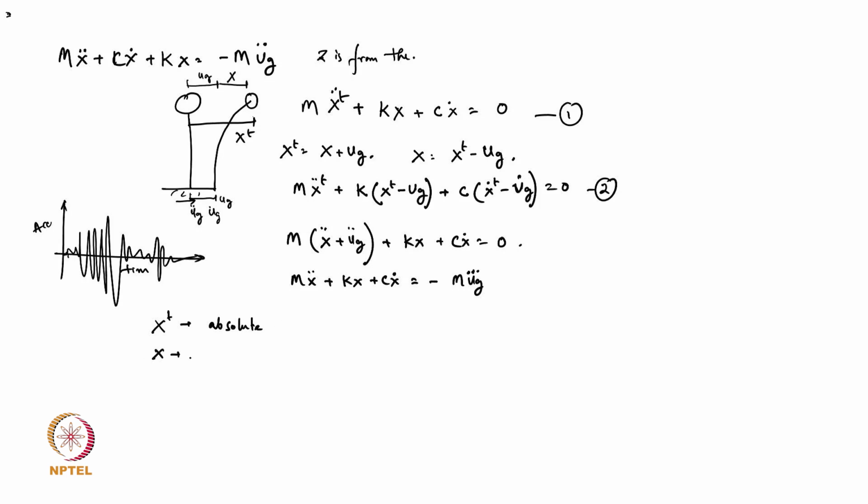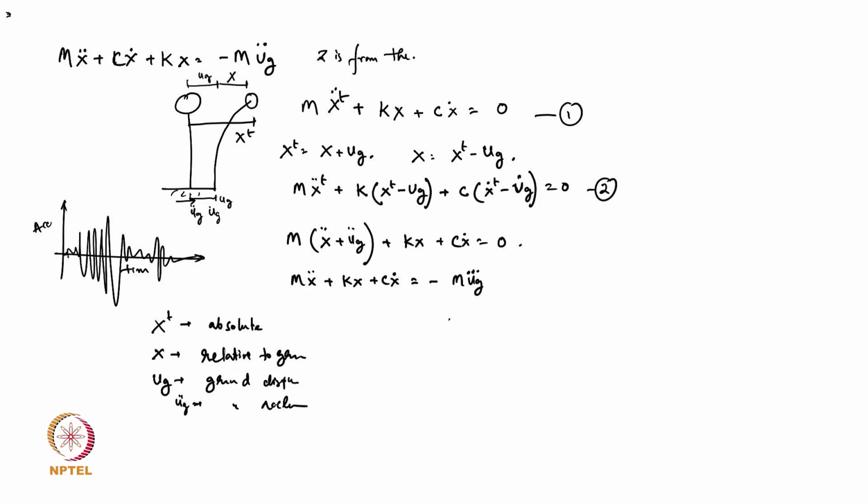Okay, x is relative, and ug is the ground displacement, and obviously ug double dot is the ground acceleration. Okay, so what does this tell?